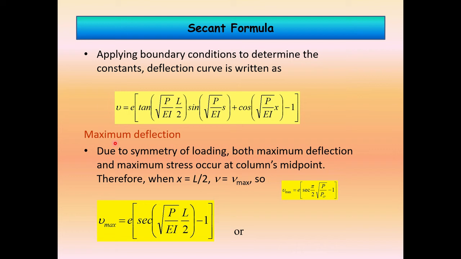To determine the maximum deflection, due to symmetric loading, both maximum deflection and maximum stress occur at the midpoint of the column, so x equals half of L and V equals Vmax. So Vmax equals e bracket secant square root of P over EI times L over 2 bracket minus 1.